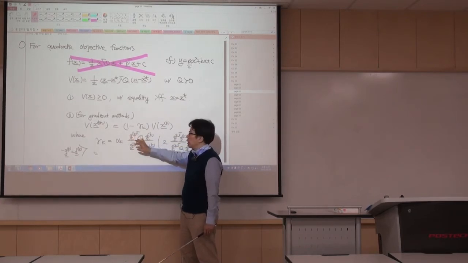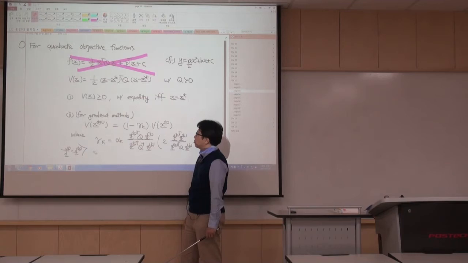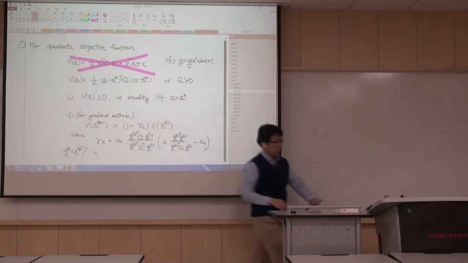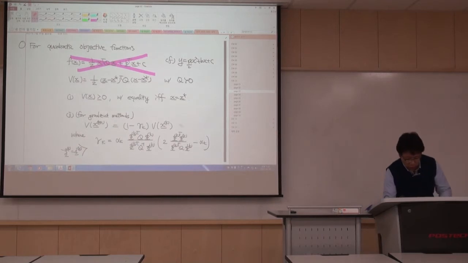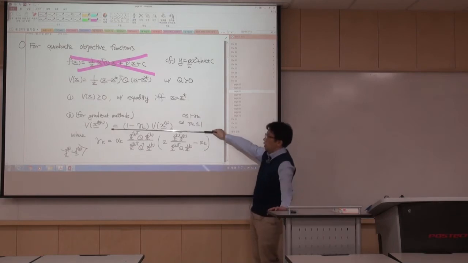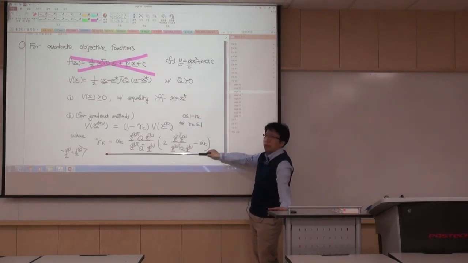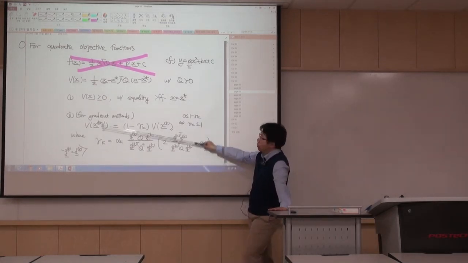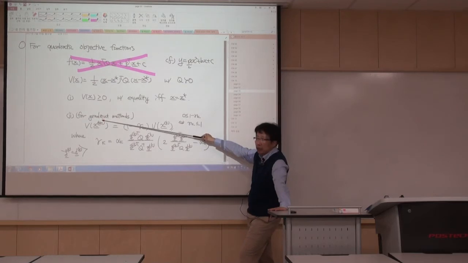But here we say that this holds for any algorithm, and especially gamma sub k is given in this form when we consider gradient methods. Got it?